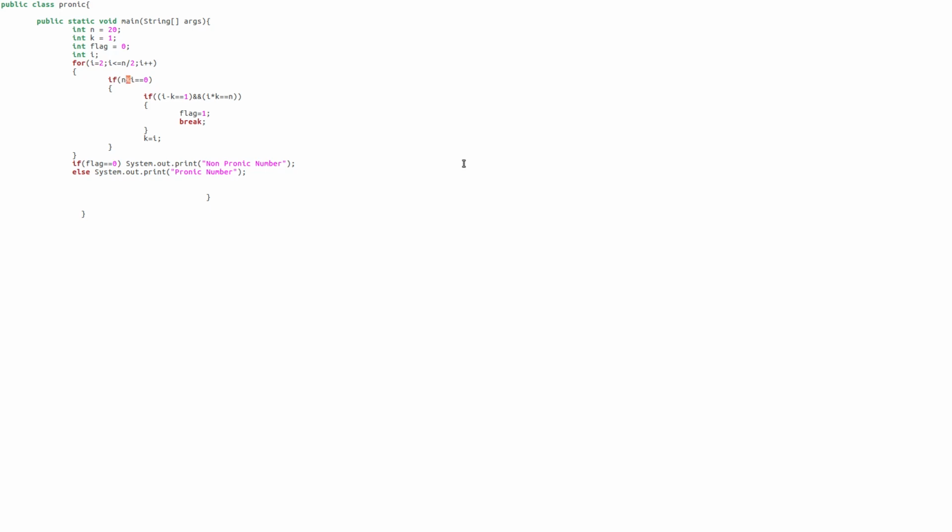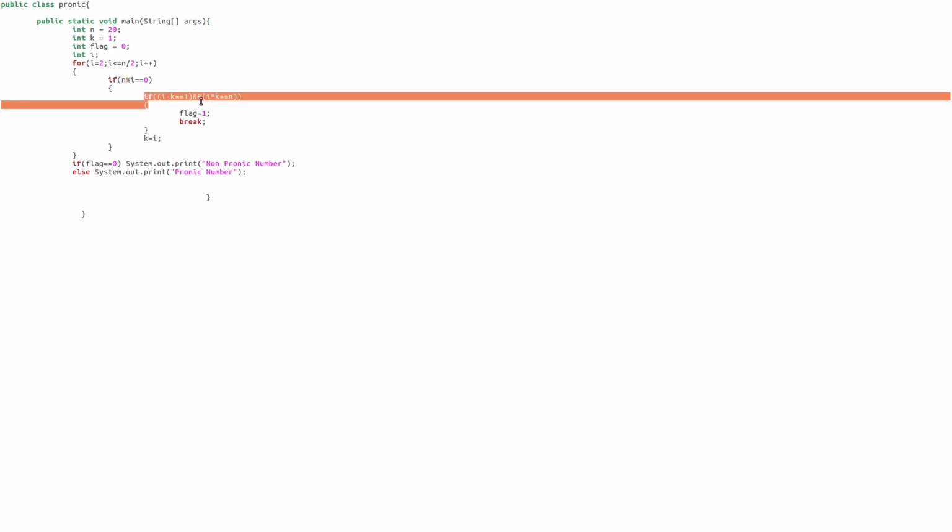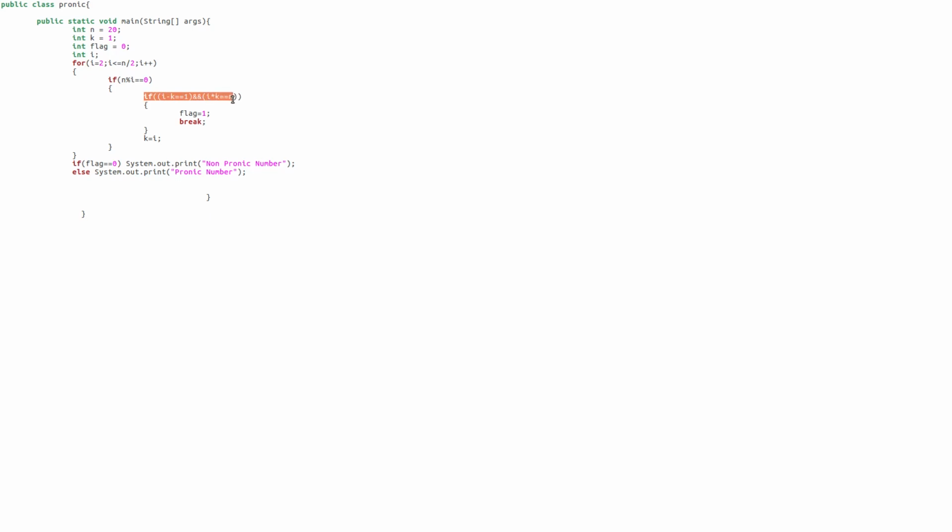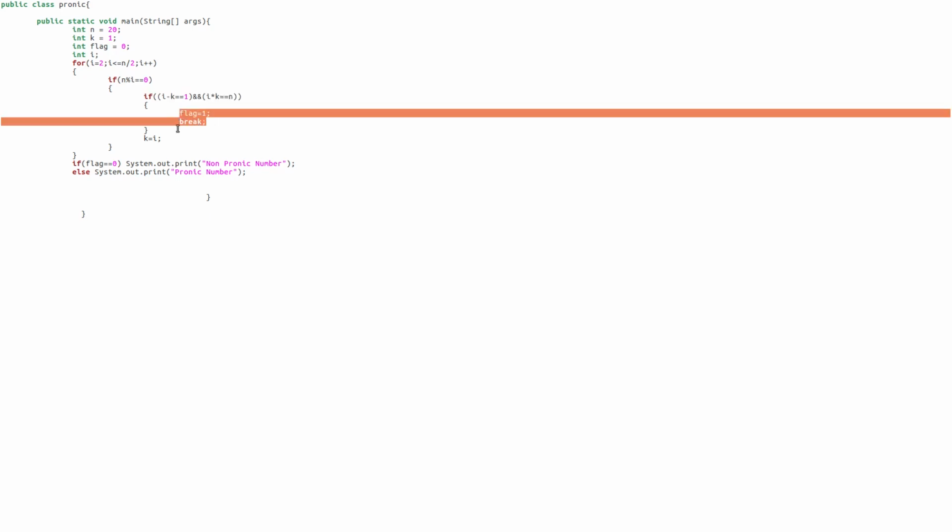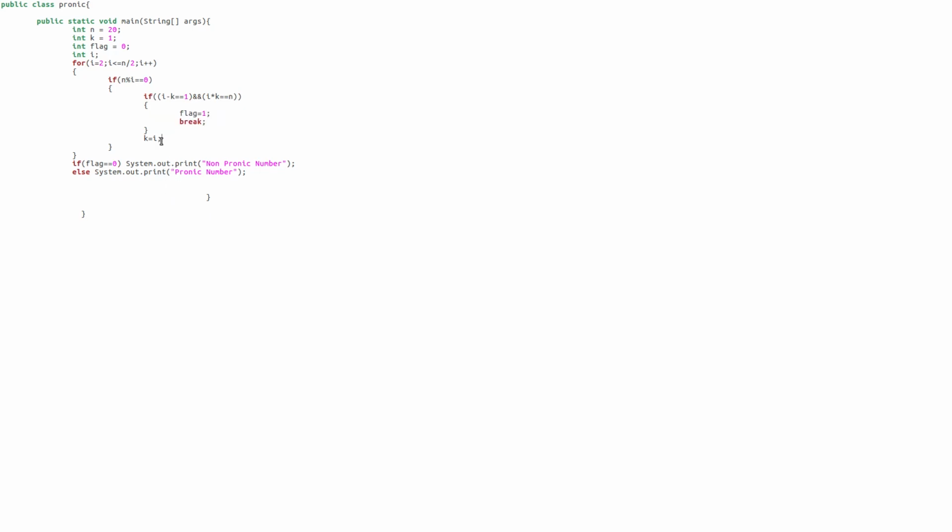Within the if, there is another condition: if i minus k is equal to 1 and i into k is equal to n, and if it stands true, we will make the flag 1 and we will break the loop and come outside. Else we will update the value of k to i.